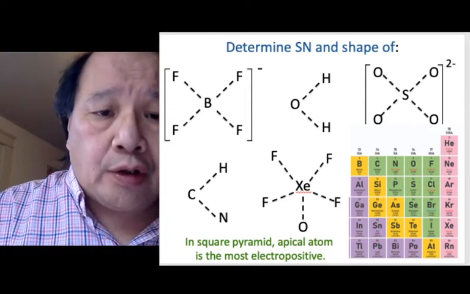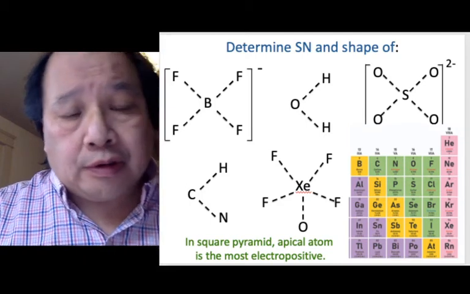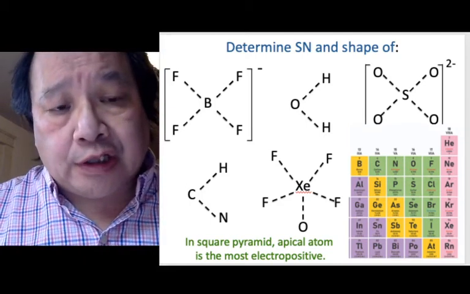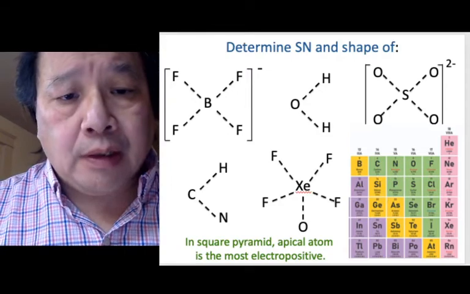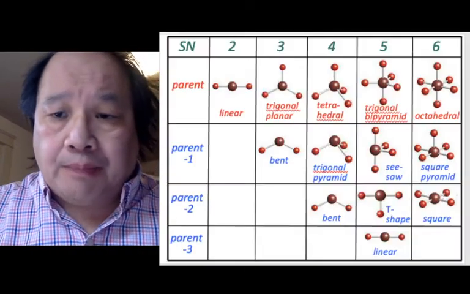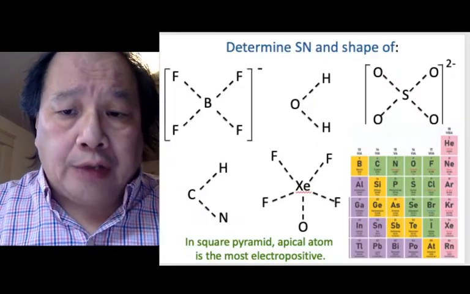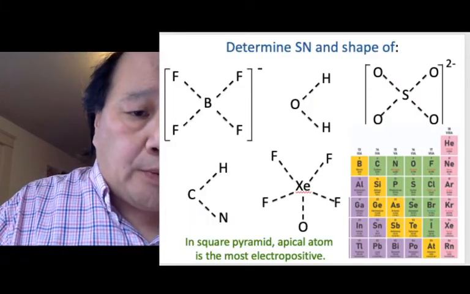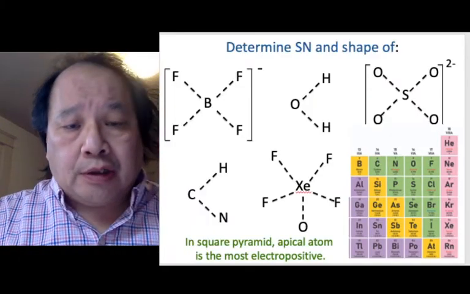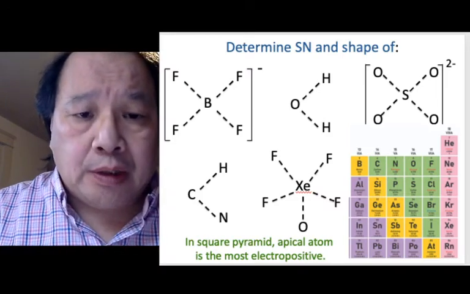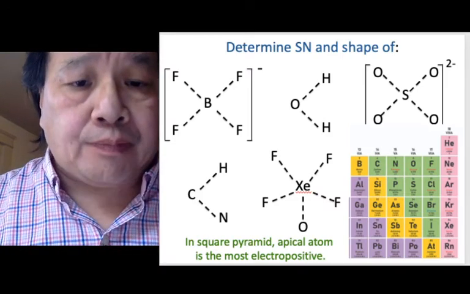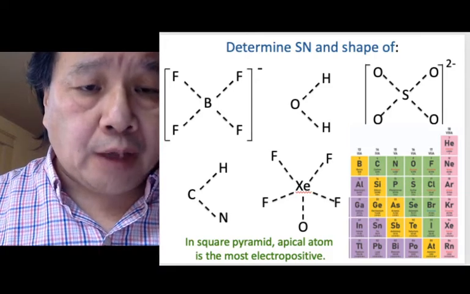Do you guys remember the geometry? Steric number 6 with only 5 things attached. It's the parent minus 1 structure. It's the square pyramid. And the rule is for square pyramids, the apical site, the site at the top of the pyramid, is the more electropositive atom. Oxygen would be on the top.